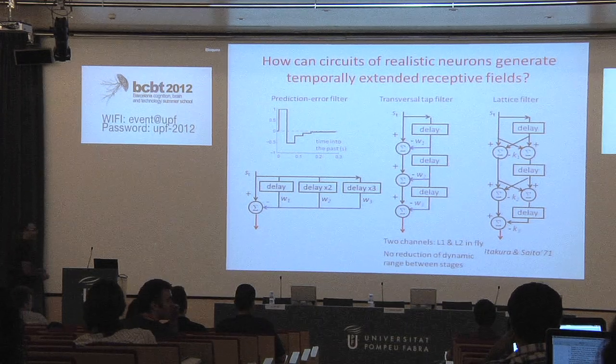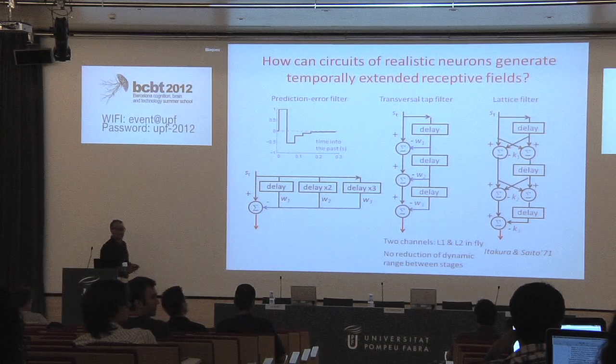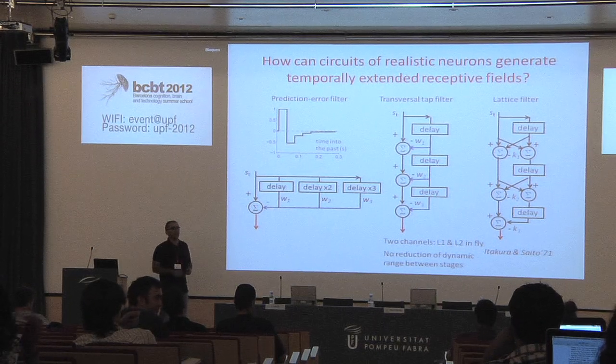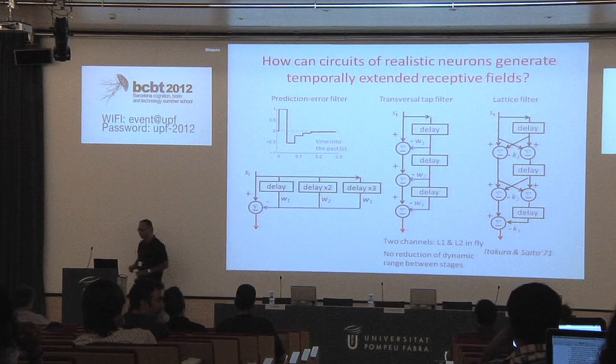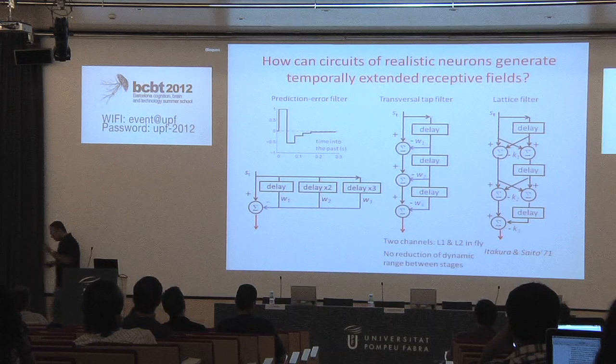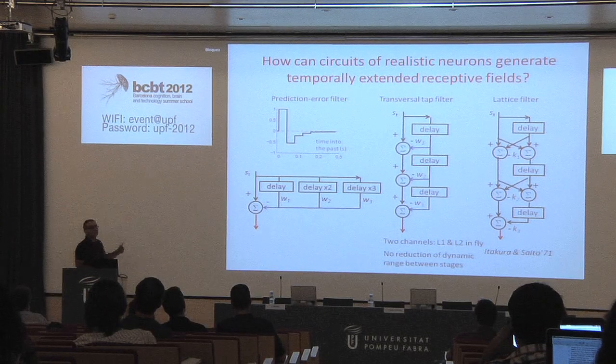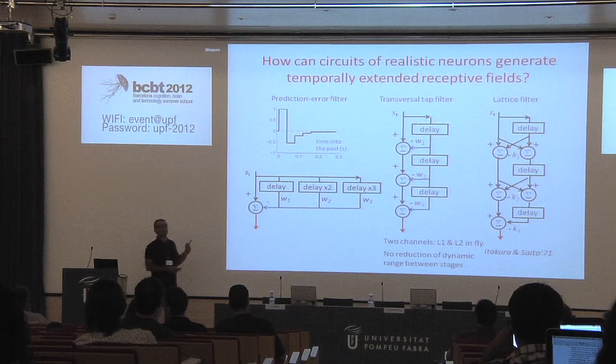Please. Earlier on, you said that the number of neurons is a problem because your optic nerve is limited. Where do you put all these neurons? Right, exactly. The problem with this system is that it is indeed redundant.